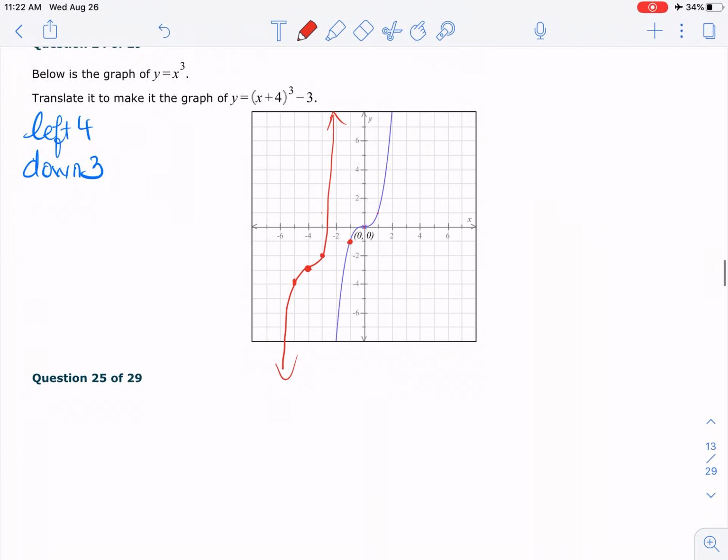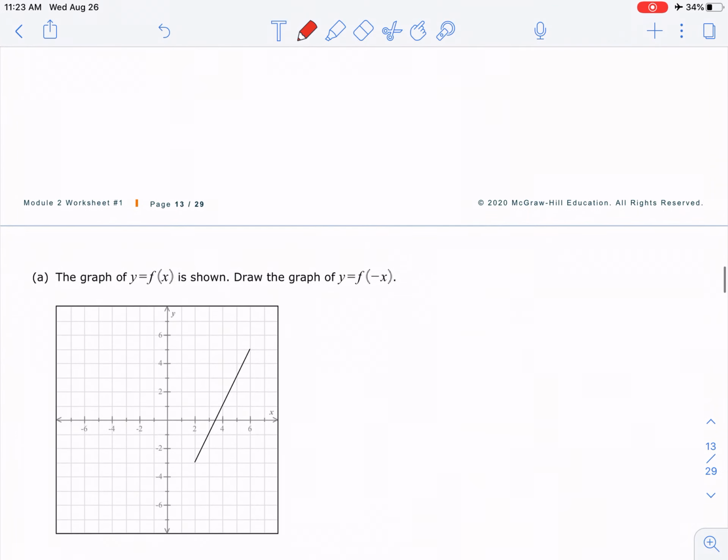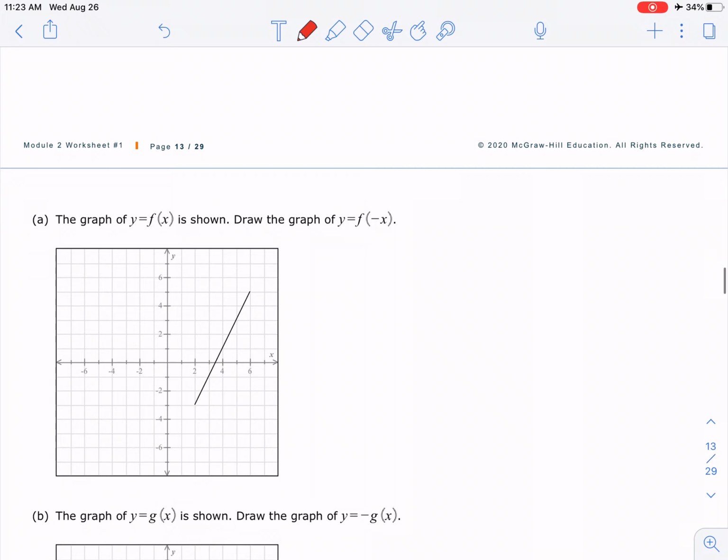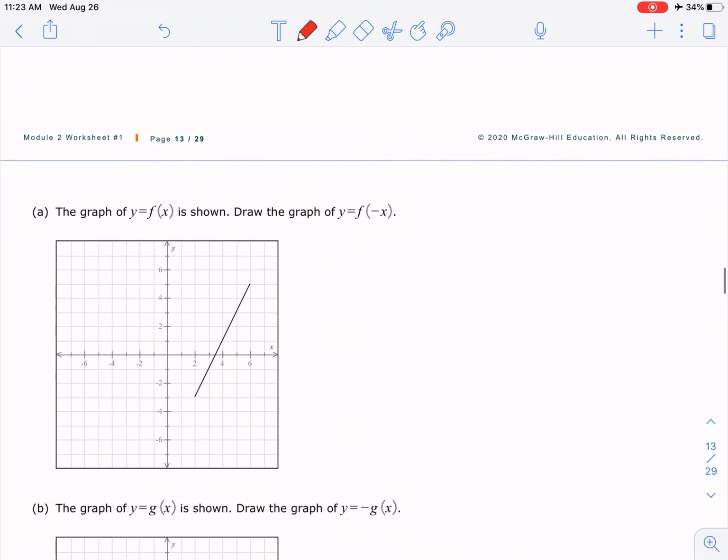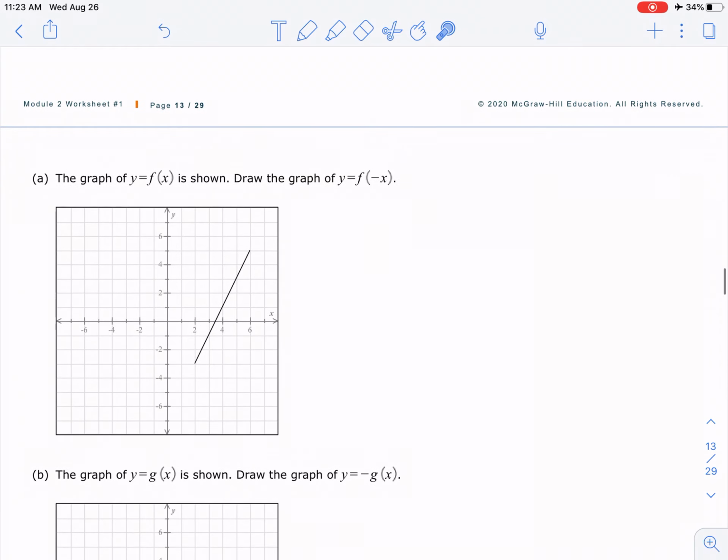All right, so let's try number 25. Okay, number 25 is quite interesting because you see right here, we have f of negative x. What does that mean? That means you have to multiply x by negative 1. So if you multiply x by negative 1, you just change the sign of x.